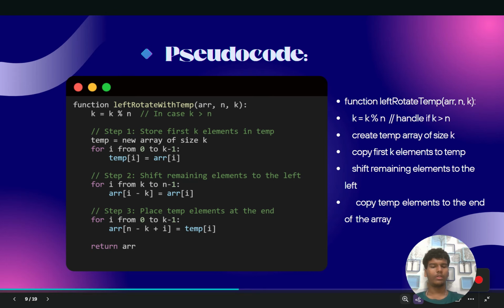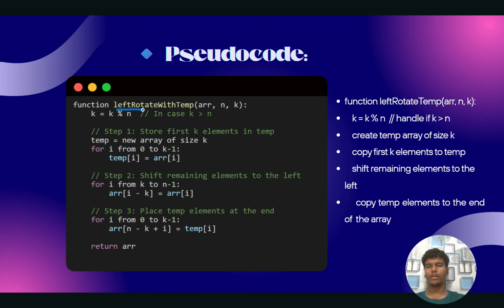So for the pseudocode, we name the function left rotate with temp. So first of all, what we are doing is we are checking the value of k. So if k's value is greater than n, so let's say k's value is 12 and n value is 5, so we wouldn't know how many times we have to rotate this.